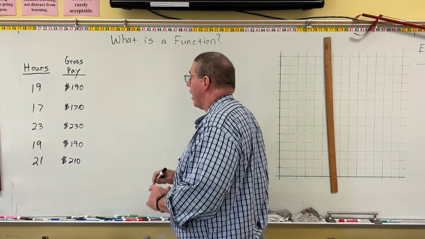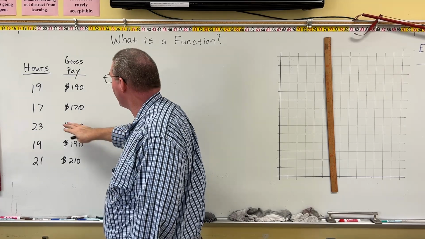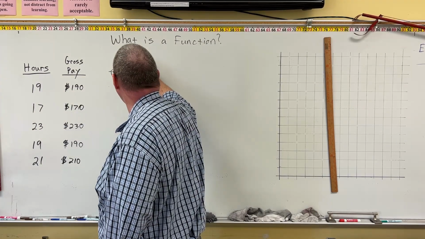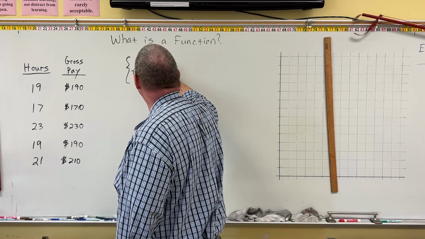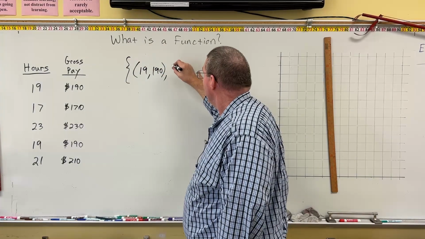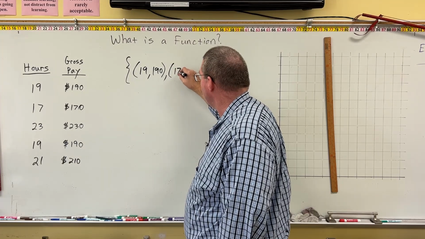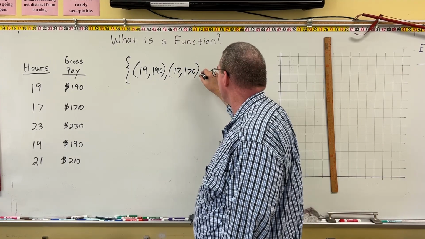We can create a relation here, a set of ordered pairs. 19 goes with 190. So the input is 19 hours worked and the output is $190 earned. Then the next week, 17 hours worked resulted in $170 earned.